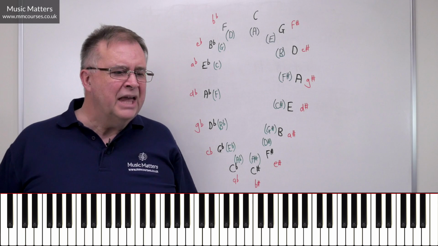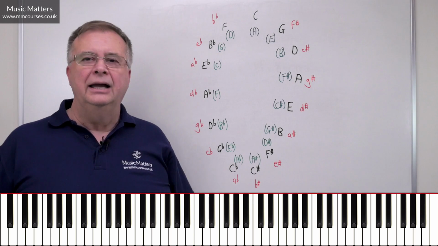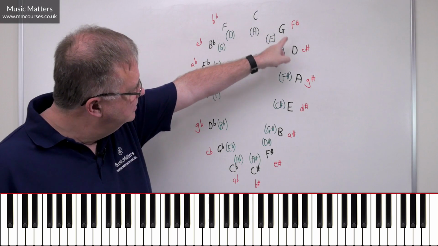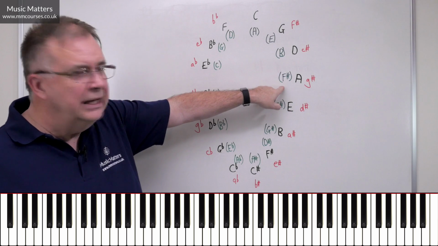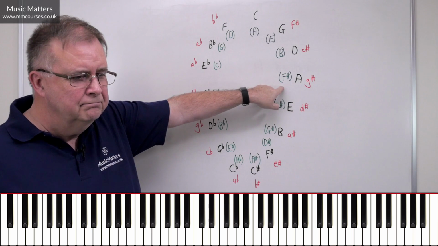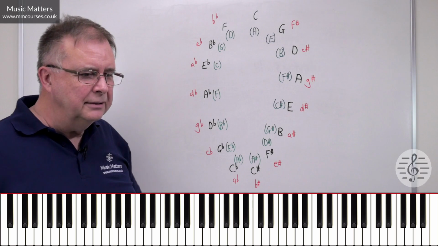Question 3. What is the relative minor of A major? Well, where's A major? The major circle is this middle circle. There's A major. The relative minor key is F sharp minor. Okay, so the relative minor of A major is F sharp minor.